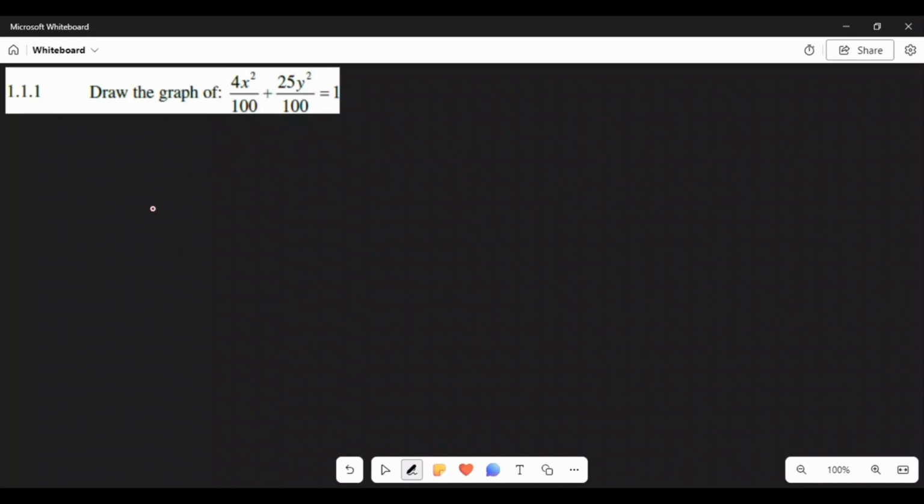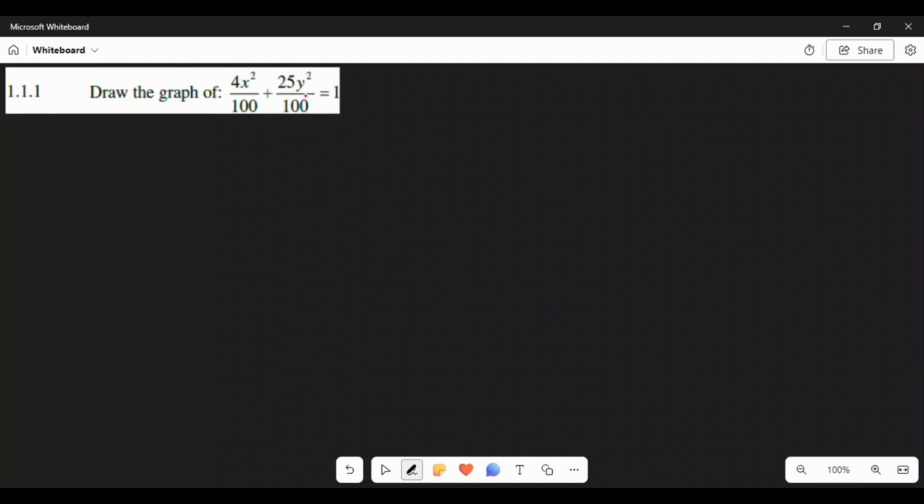Before you draw this graph, you need to understand what type of graph this is. The first thing I do is look at our variables here. We have x squared and y squared, and this is equal to 1. Now look, this is actually an ellipse.